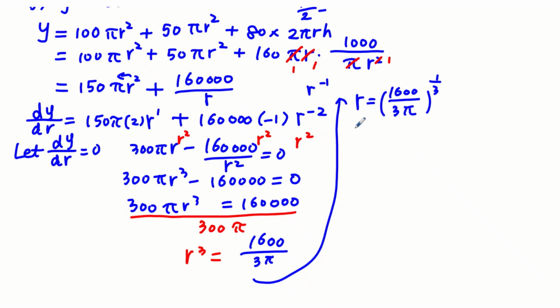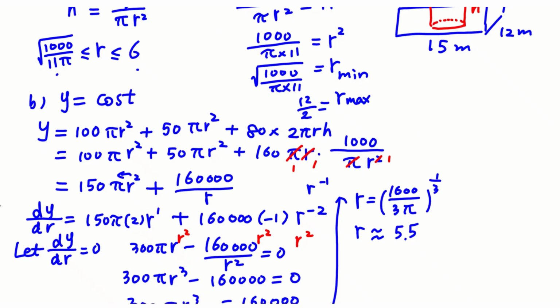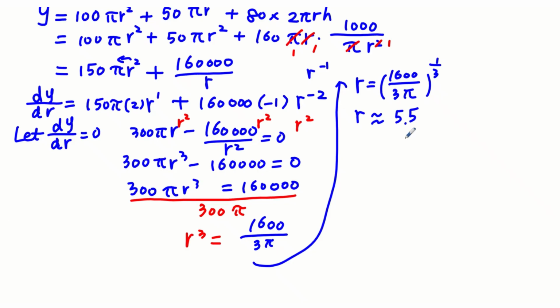Then do the calculation, r is approximately 5.5. So we sub in the endpoint and also these two values to check which one gives you the minimum. And from here we also could check if you have the minimum here.